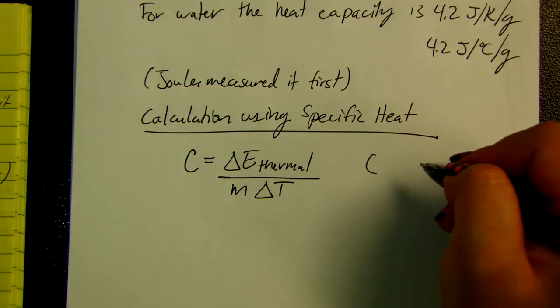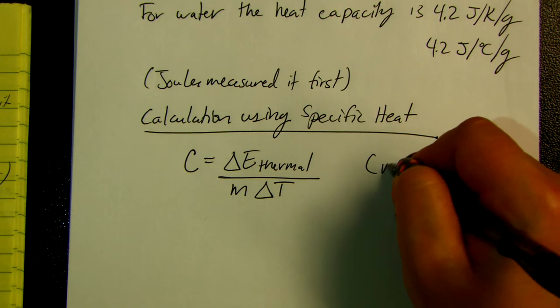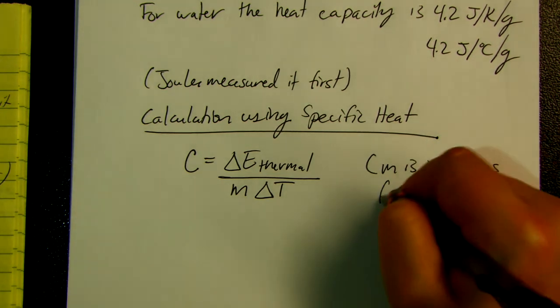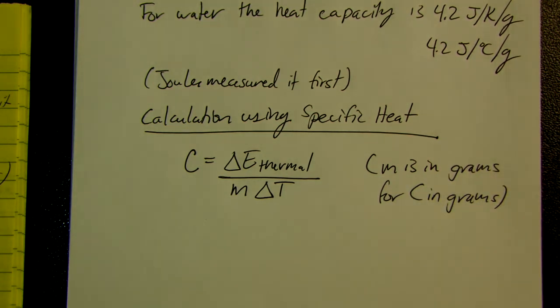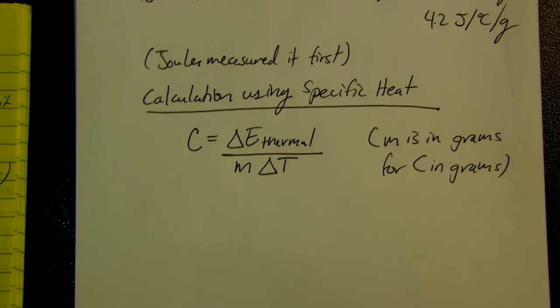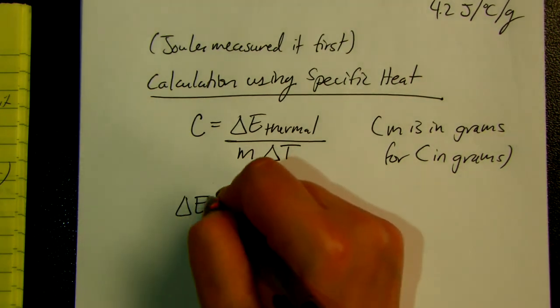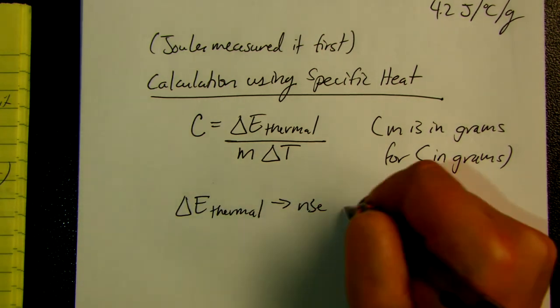If you are using a C in grams, then the mass is in grams. Of course, you could always unit convert depending on your needs. Okay, so delta E thermal is the rise of internal energy.